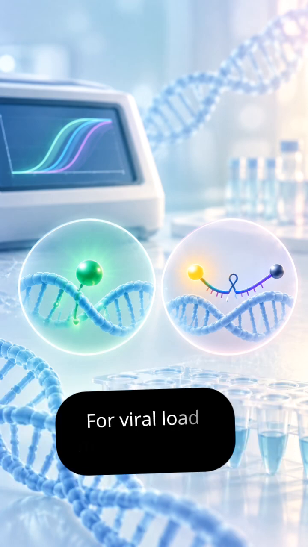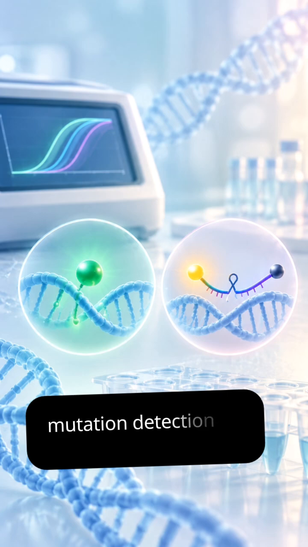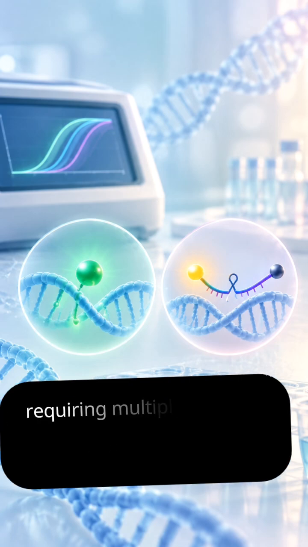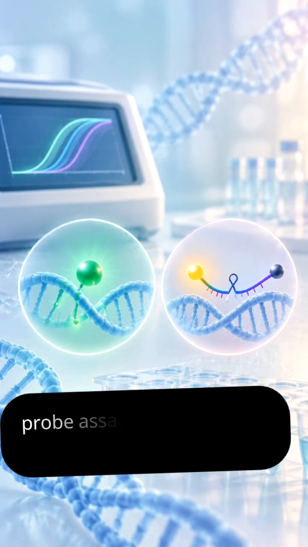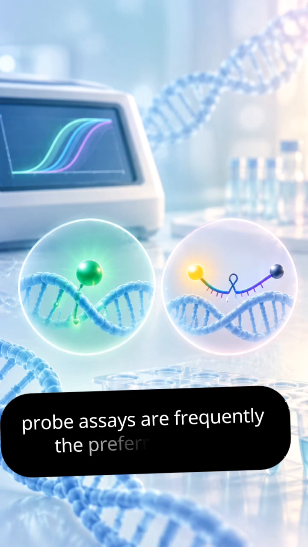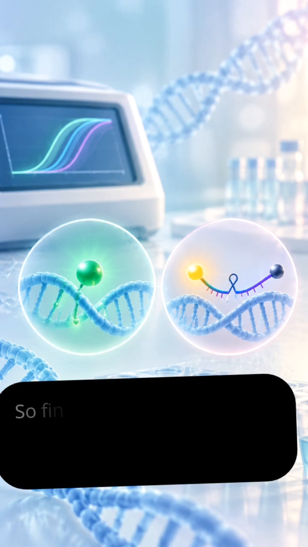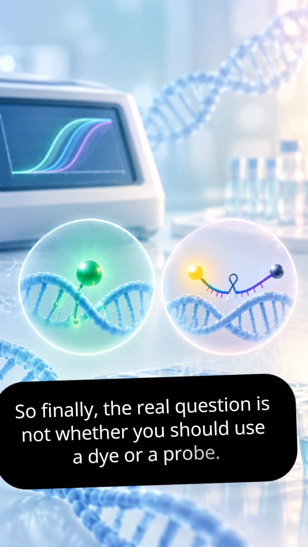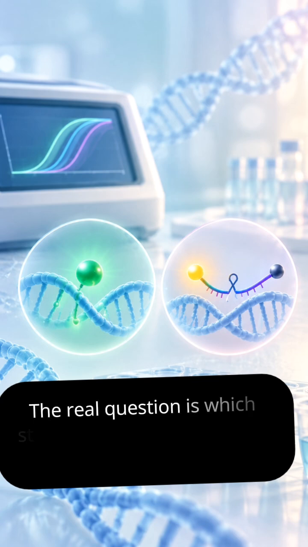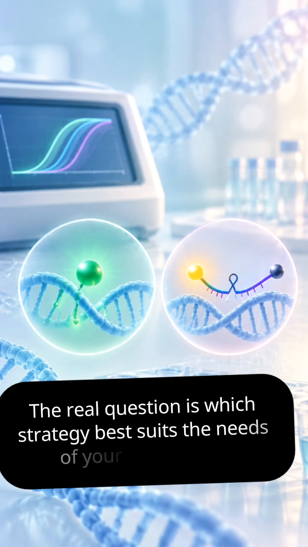For viral load measurements, mutation detection, or amplification requiring multiplexing and maximum confidence in the target identification, probe-based assays are frequently the preferred choice. So finally, the real question is not whether you should use a dye or a probe. The real question is which strategy best suits the needs of your experiment.